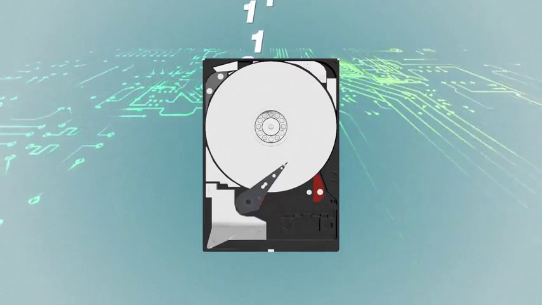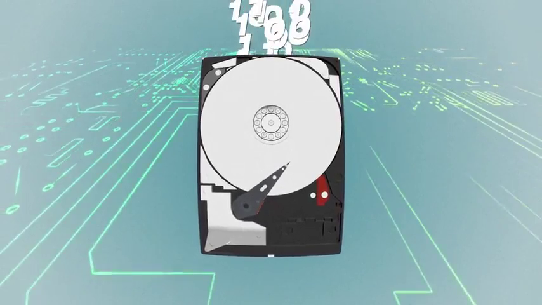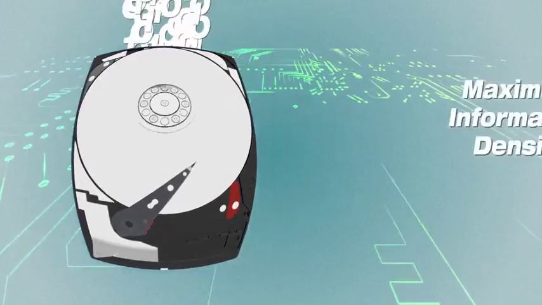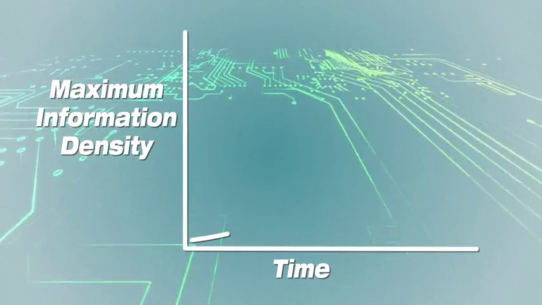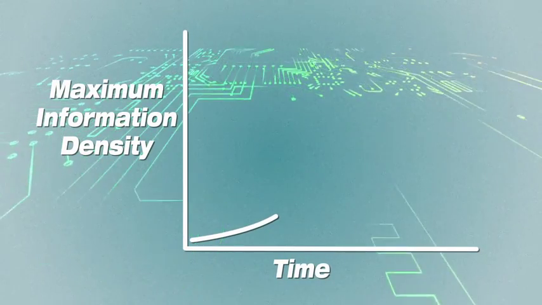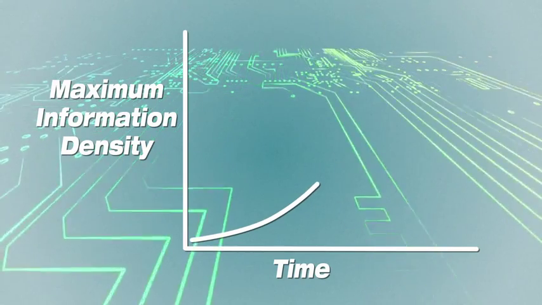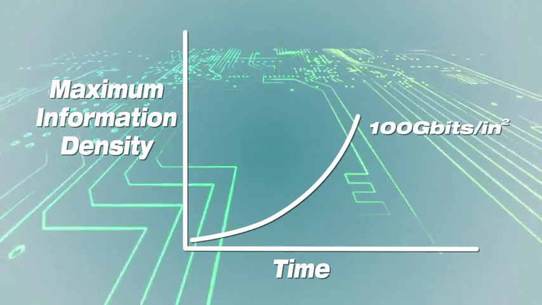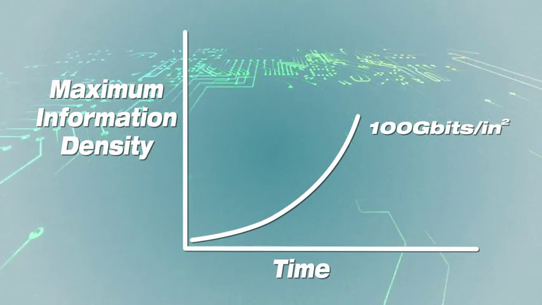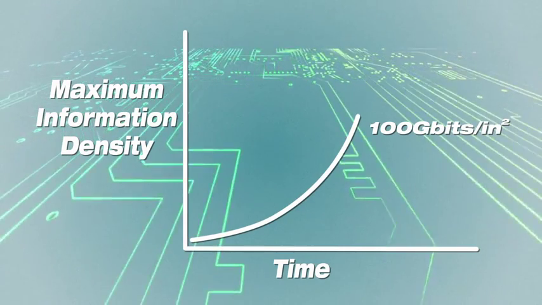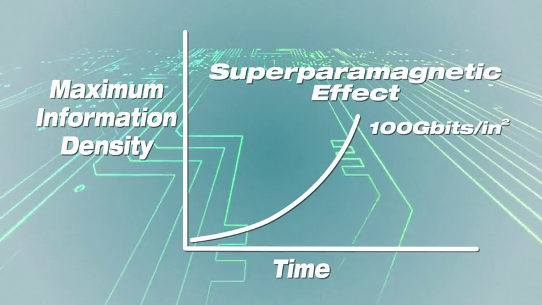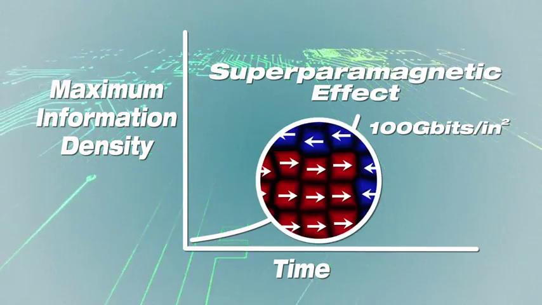For the past several decades, the exponential growth in computers' storage capacity and processing power has followed a pattern known as Moore's Law, which in 1975 predicted that information density would double every 2 years. But at around 100 gigabits per square inch, shrinking the magnetic grains further or cramming them closer together posed a new risk, called the superparamagnetic effect.